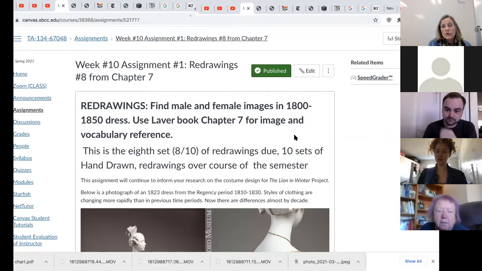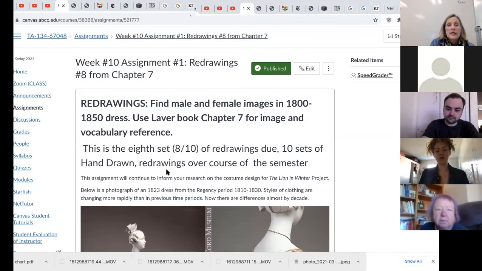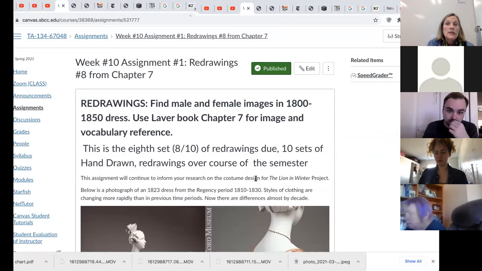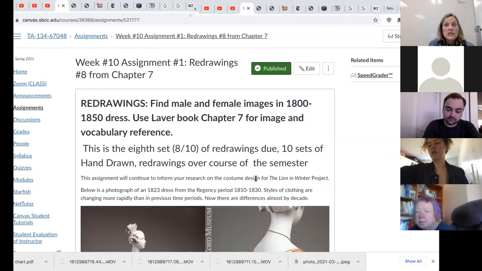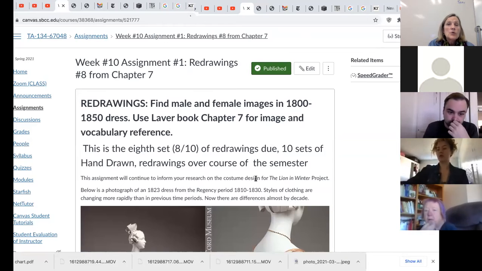So this is we're all the way up to 1800. And even though it says this assignment will continue to inform your research on the costume design, you may choose to do your costume design for Lion in Winter, and hopefully you've decided by now, in a different time period than 1183. And remember, we talked about roughly a 200-year period is fine during that time frame because it is not as well known. We don't have it in our common vernacular.